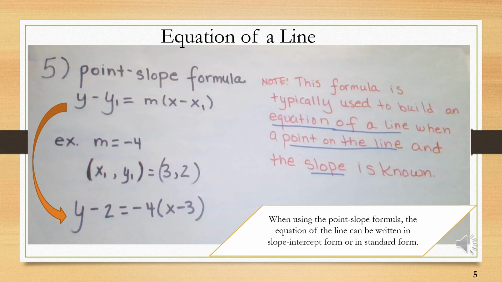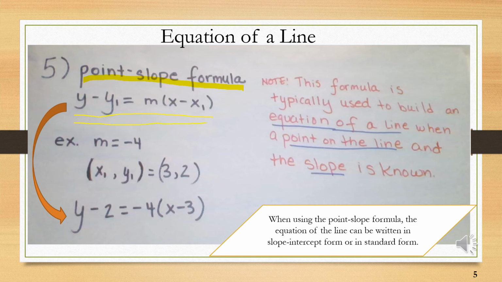When you are asked a specific question, find the equation of a line. Another formula that you want to be familiar with is the point-slope formula. Looking closely, y minus y sub 1 equals the slope, quantity x minus x sub 1. If you take a moment to look at the point-slope formula, you can see that this is the slope.